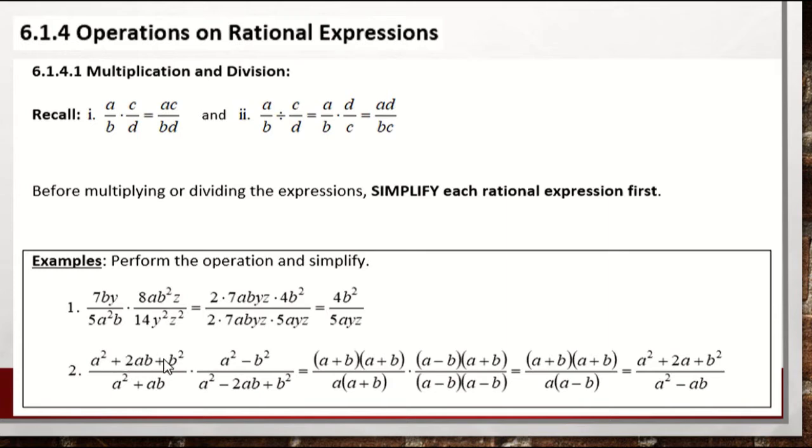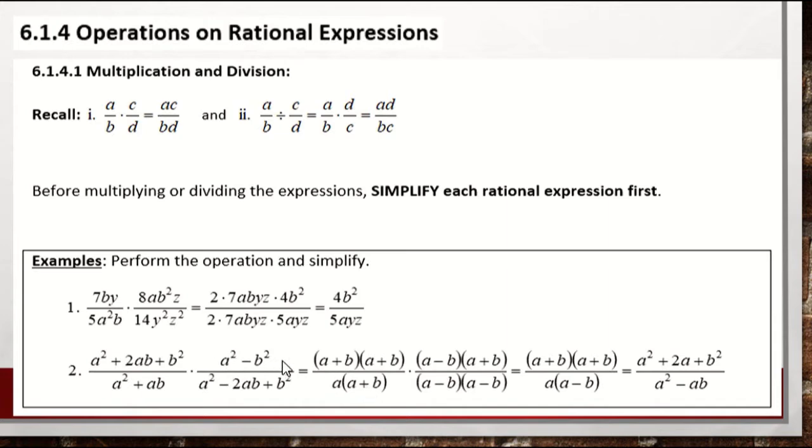This can be factored as it is a perfect square trinomial. Notice there is a pattern. The factor is a plus b times a plus b. Then here, the GCF we get is a. So we take out a. What remains of a squared is a, plus, since a was taken out, b. So, a times a plus b.